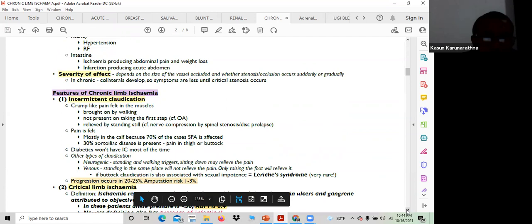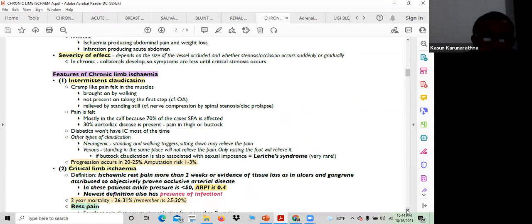In intermittent claudication, there's a cramp-like pain felt in muscles that develops on exertion and is relieved completely by rest. The pain is not present on the first step, right? It comes with exertion up to some degree and completely relieves with rest.